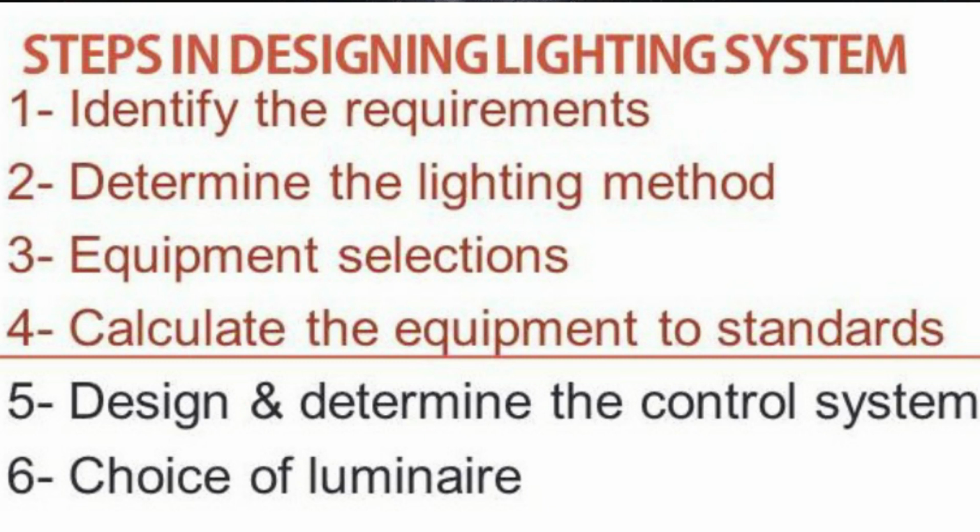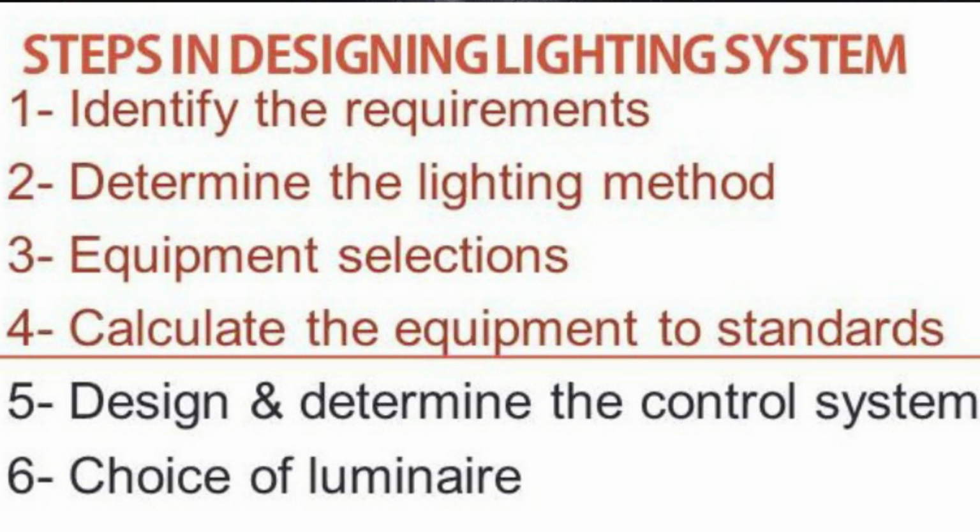As an engineer, I said we work with standards and codes. It may be different from one part of the world to another, but we have different standards we use in engineering lighting system design.